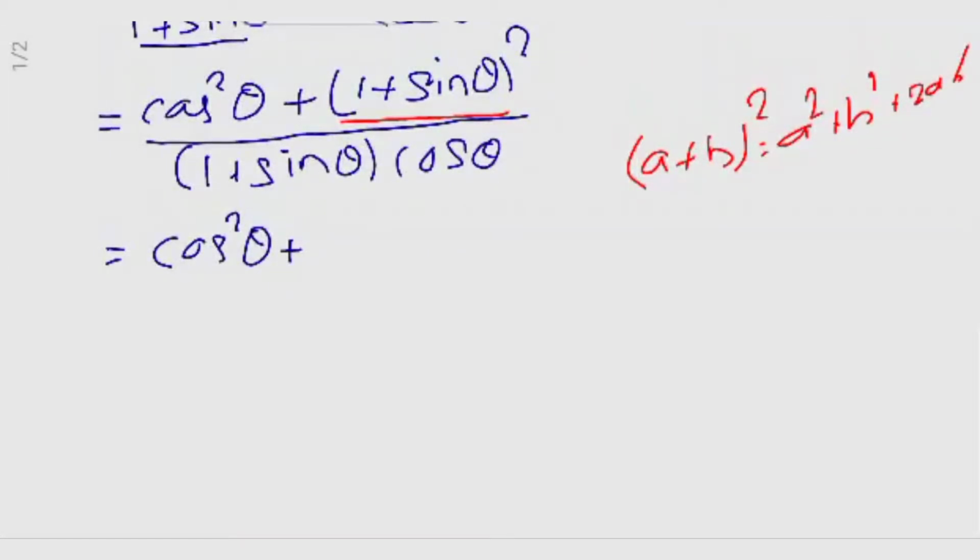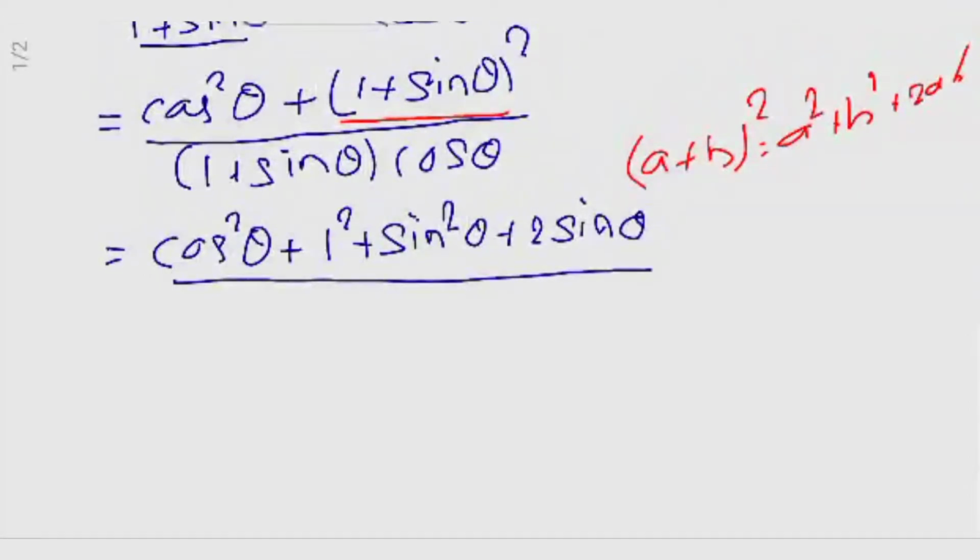So here also 1 square plus sin square plus 2ab means plus 2 sin θ, and this divided by (1 + sin θ) into cos θ as it is.